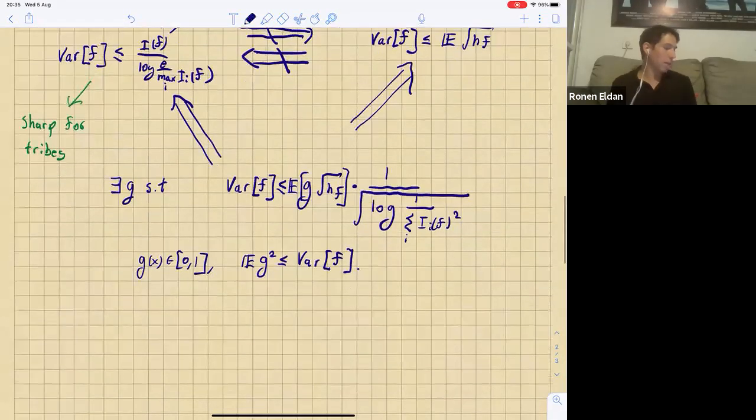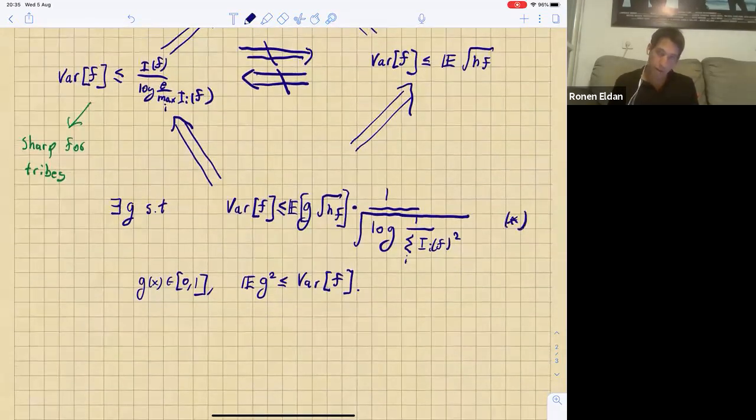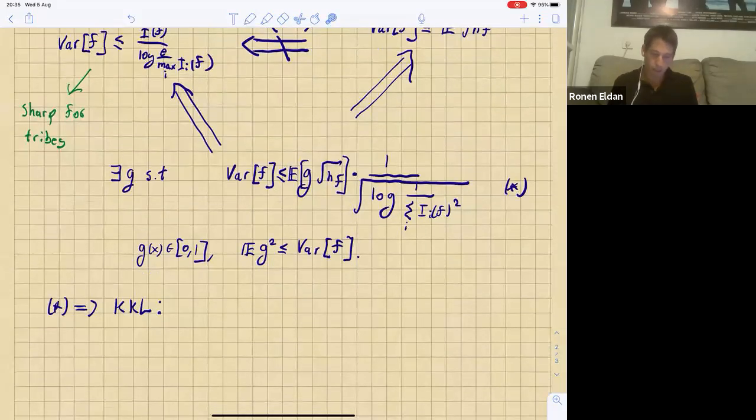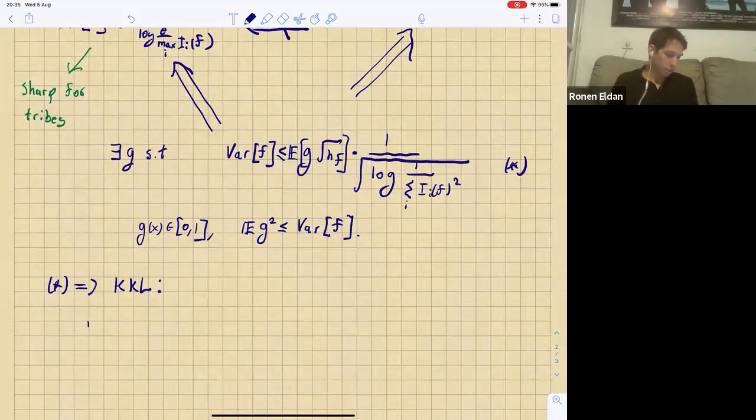Now let's call this inequality star, and let's see how star implies the KKL inequality. This is pretty easy, but at least it'll give you some intuition on what this thing is good for. So here's how this implication works.